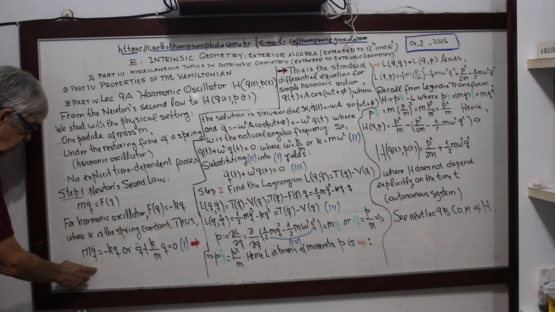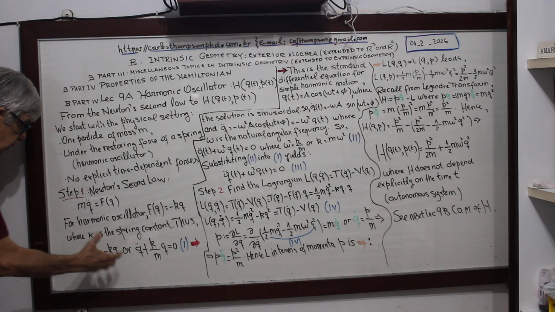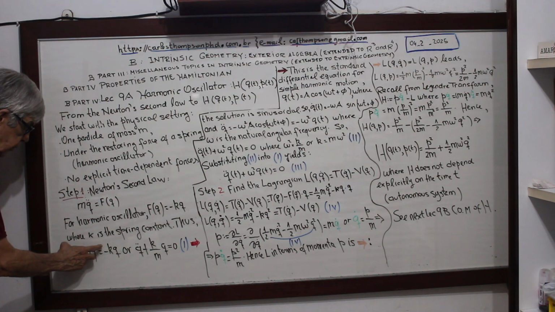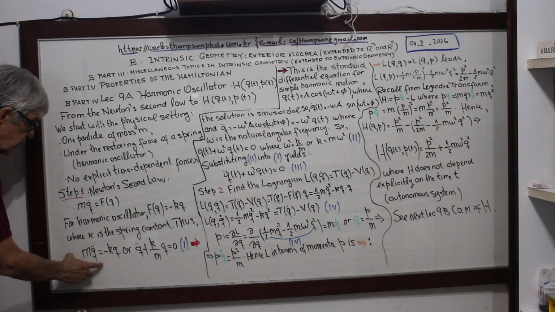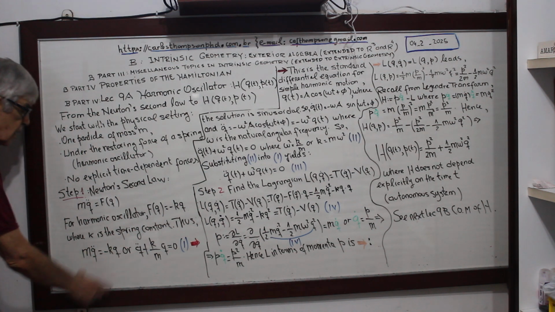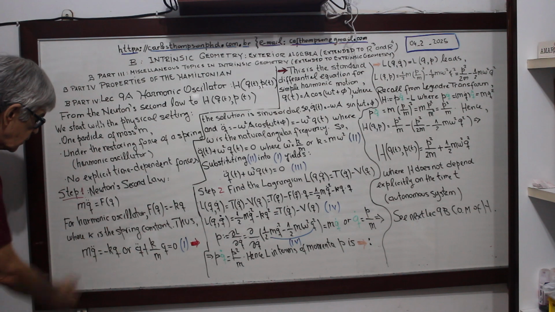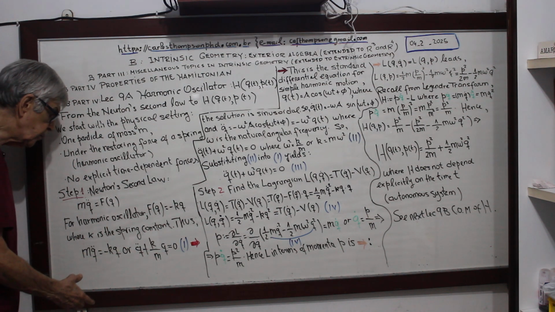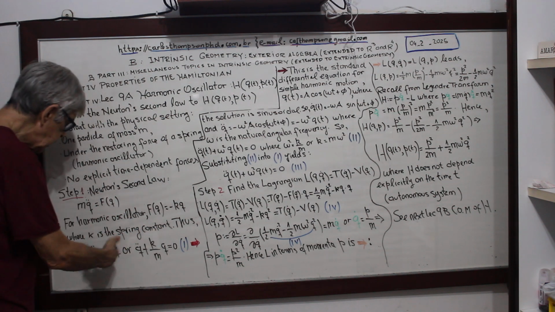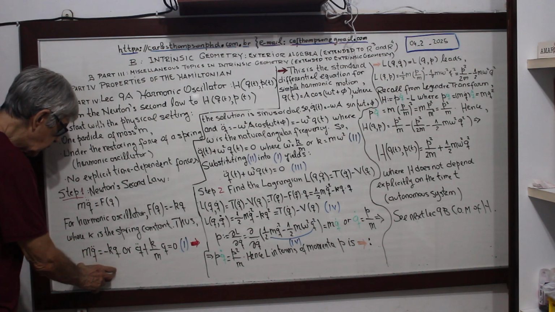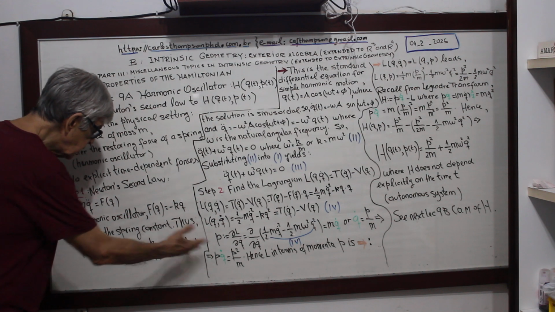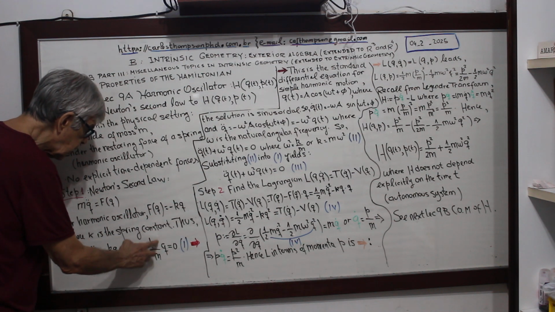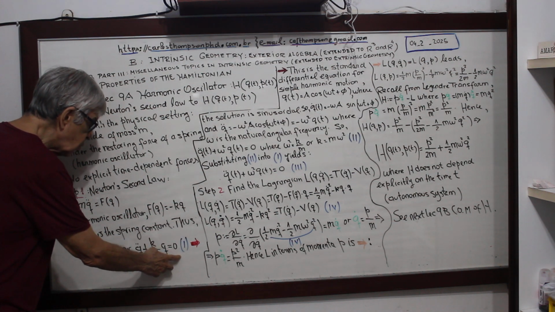Thus, Newton's second law leads to m q double dot, the acceleration, equal to minus k times the displacement, which is the generalized coordinate q. Then I can rearrange this equality to get the acceleration plus k over m times q equal to 0.